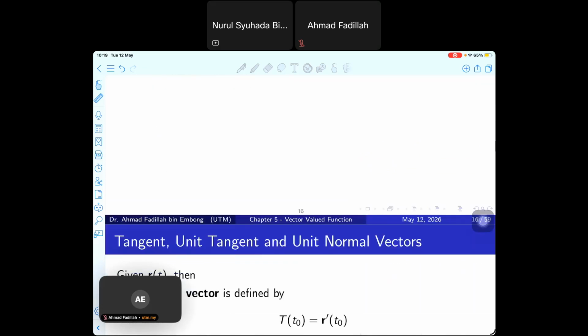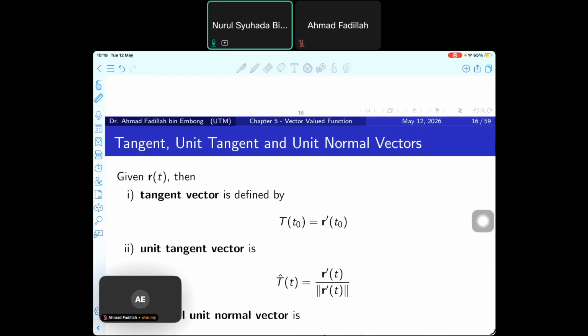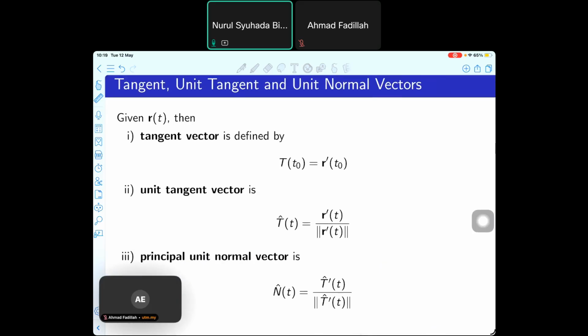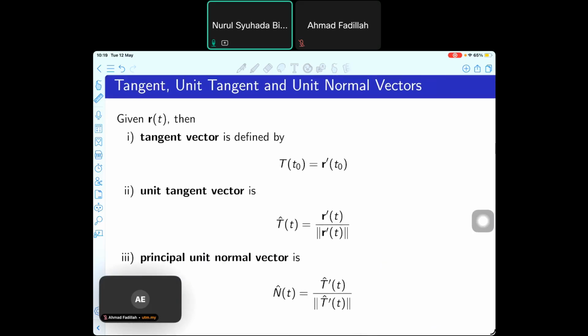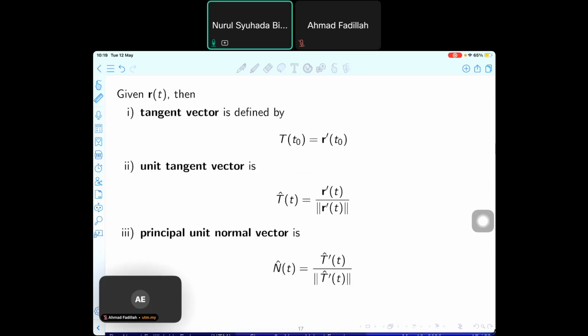Okay, so now let us continue to the last part of this video: tangent, unit tangent, and unit normal vector. These are three things that you have to know. The tangent vector is equal to the first derivative of r(t). And the unit tangent vector is given by this symbol, T hat of t. It comes from your tangent here, divided by the norm of your tangent.